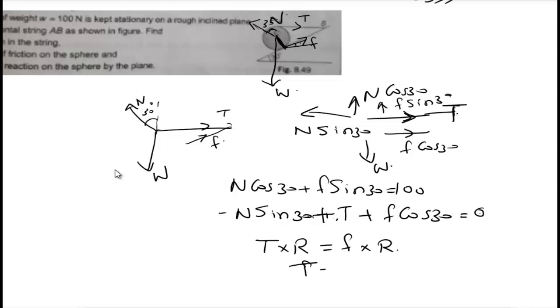So we are getting T into R equals F into R, considering clockwise and anti-clockwise moments. So T equals F. In these two equations we can substitute T equals F.